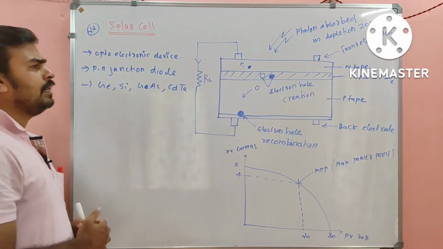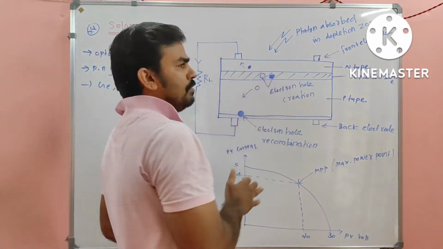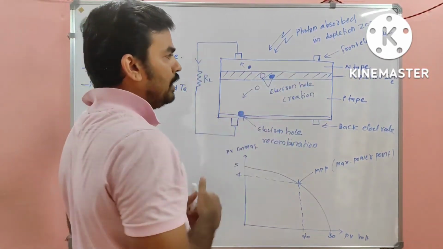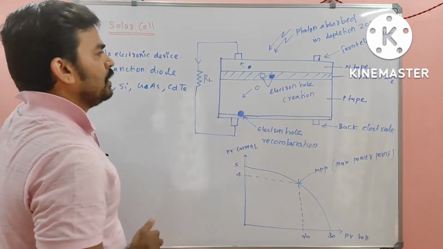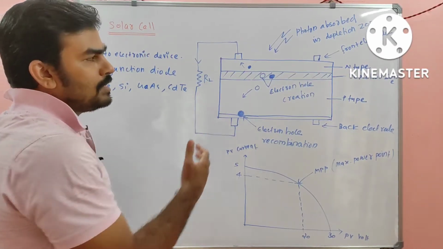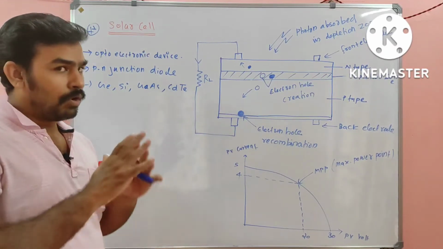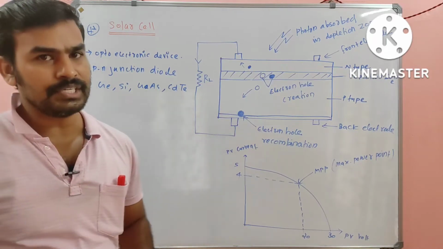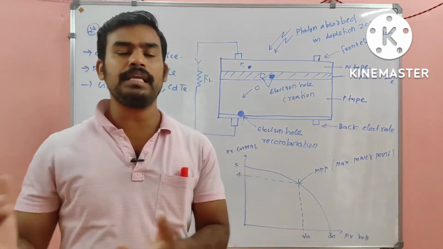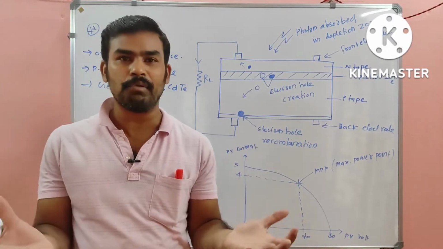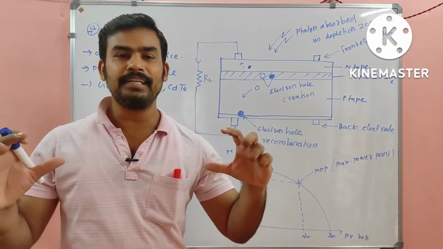This is the construction diagram of a solar cell, my dear. Actually, the solar cell is not exactly equal to a PN junction diode, because in a PN junction diode both P and N regions have equal width and thickness.